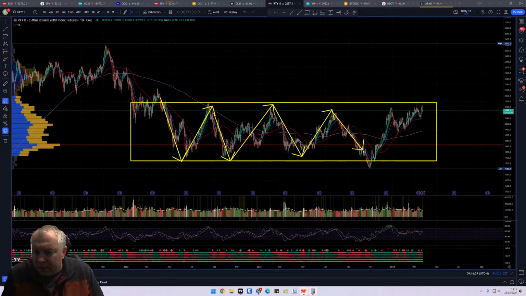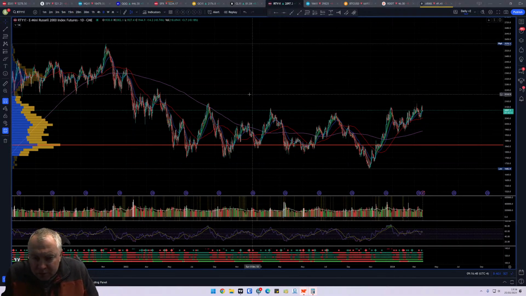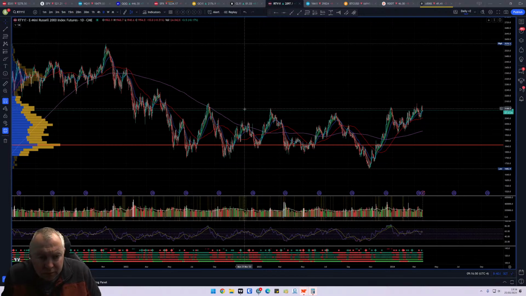But we are in the top half of this area, a little bit different to the rest. Potentially we could be doing what we saw here. We put in a full range of this. So if we could break out above this boxed area, 21.20, we can look for a break, retest, and push back out.